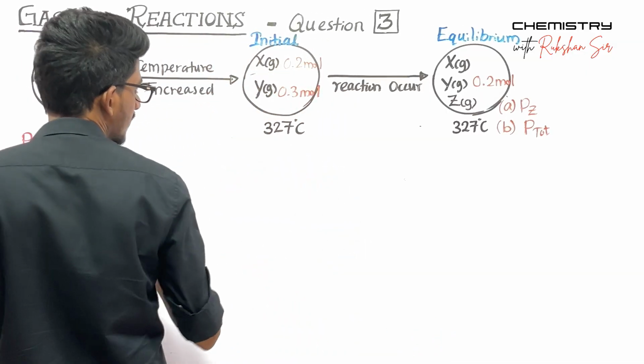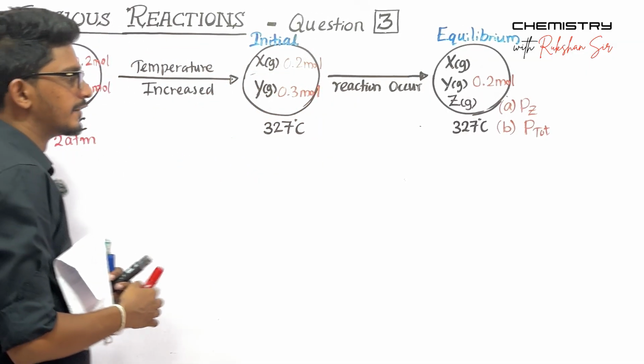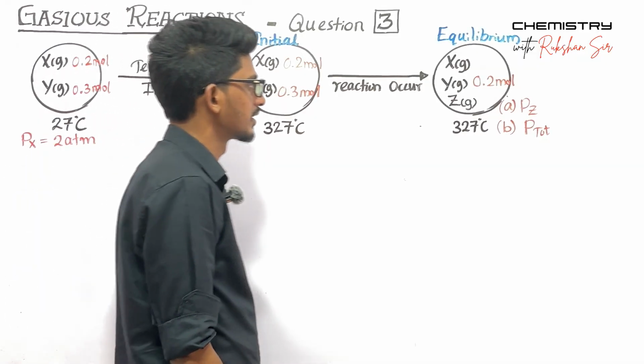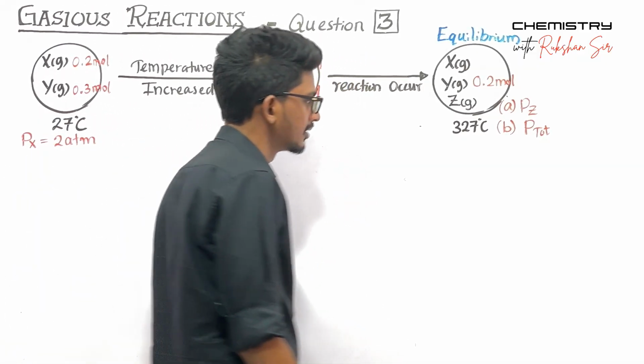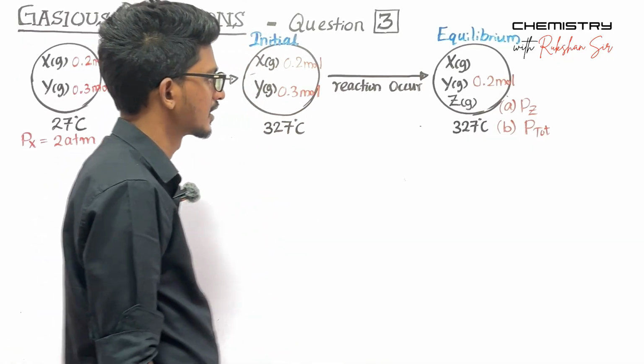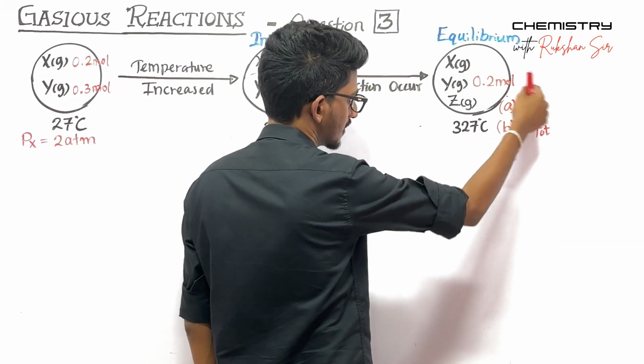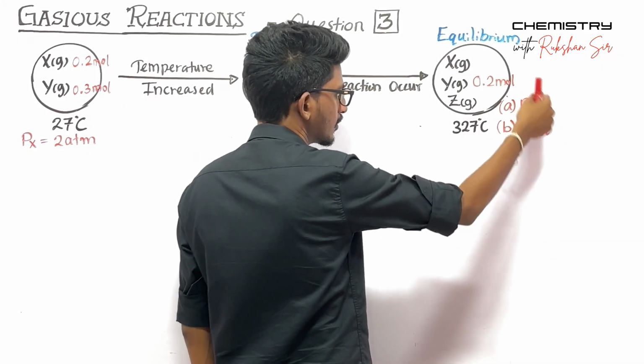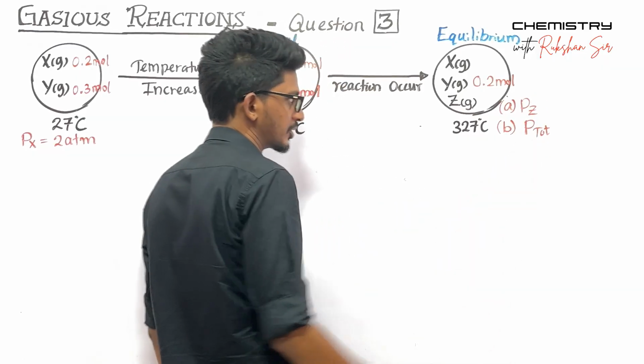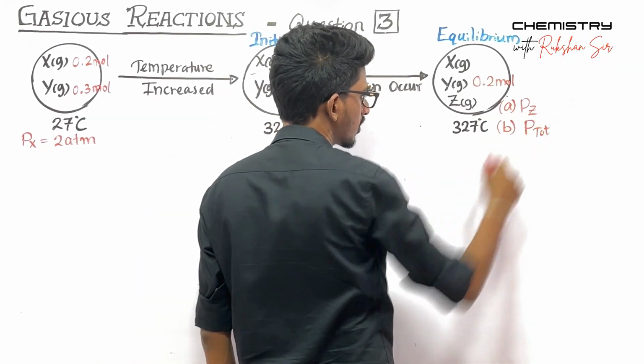So now, first of all, let's construct the reaction table. That will help us find the mole fraction we need for the partial pressure of Z. The partial pressure of Z is the mole fraction of Z times P total.